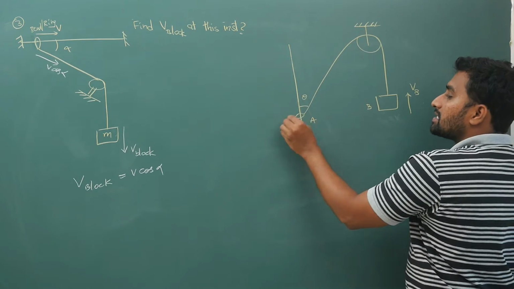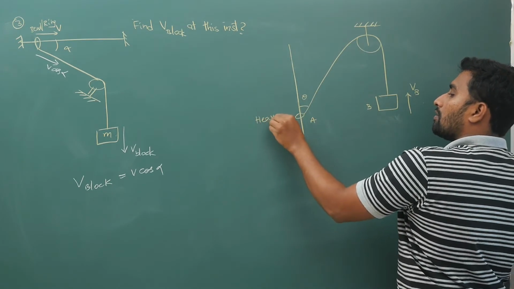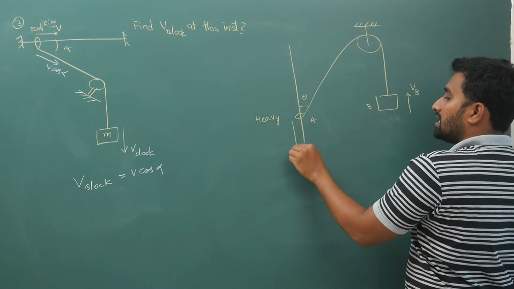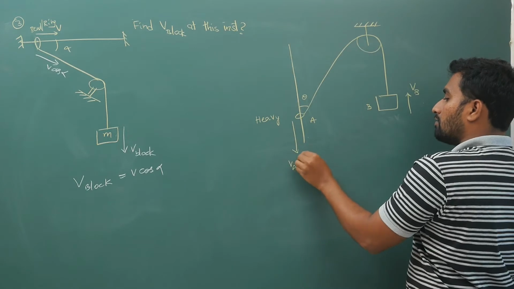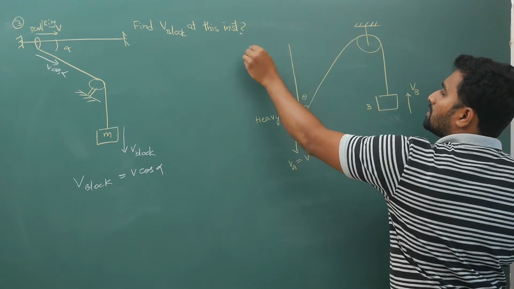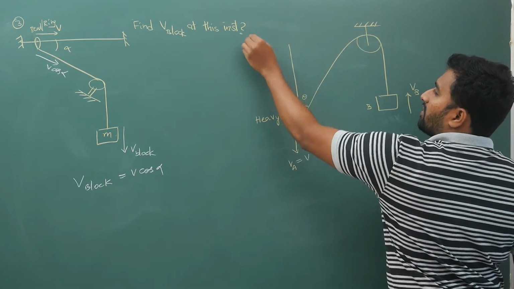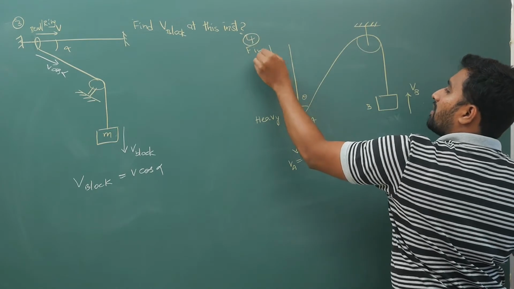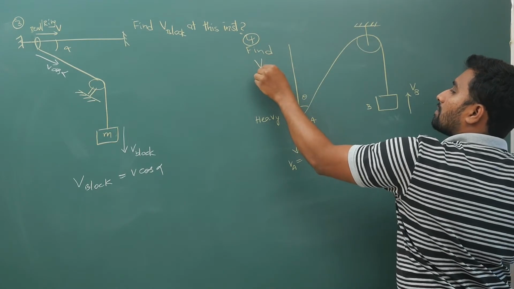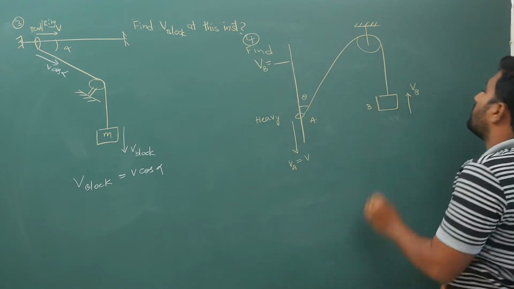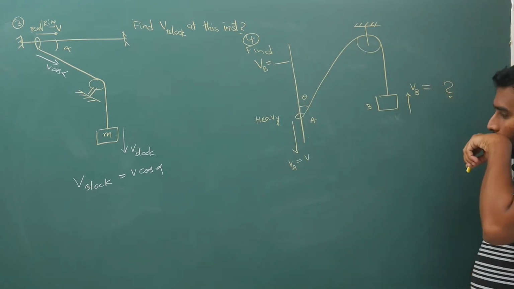This bead is heavy. So it is coming down with Va equal to V. What is your question? Fourth question, find Vb. What is Vb? Vb equal to how much?